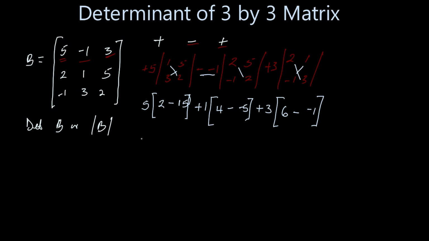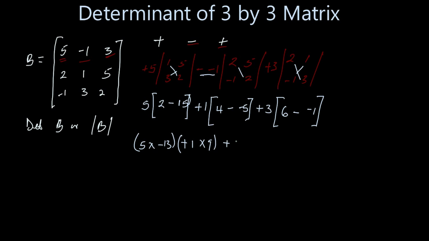And for this case, we'll have 5 multiplied by 2 minus 15, which will give us minus 13. So 2 minus 15 is a minus 13. Then plus 1 multiplied by 4 minus 5 will be a plus. So 4 plus 5 will give us a value 9. So we have 1 times 9.